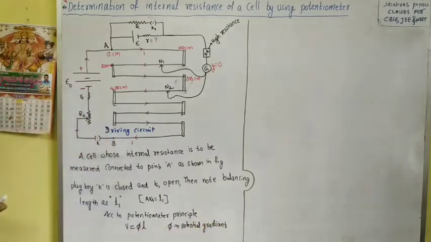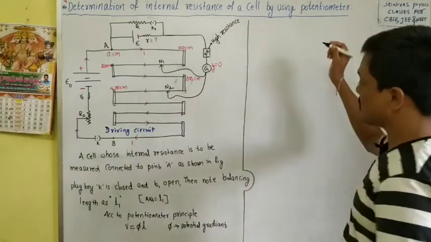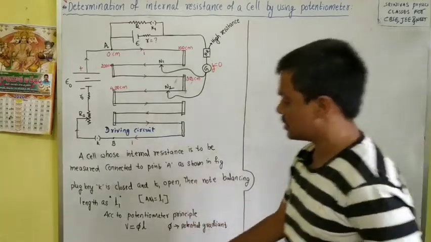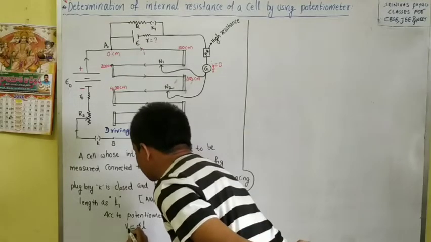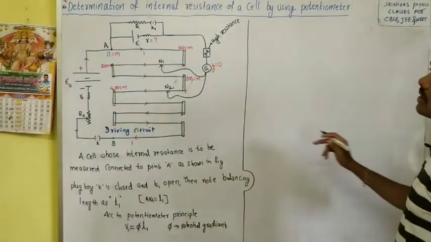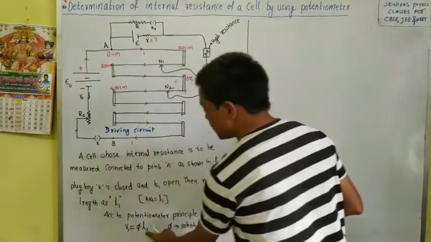Now let us see what V is in this case. V is the potential difference; for example, we take it as V1 and the length as L1. V1 is the potential difference between A and N1, where the balancing length is L1.